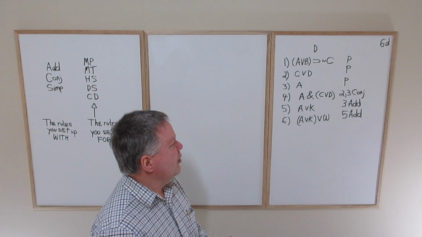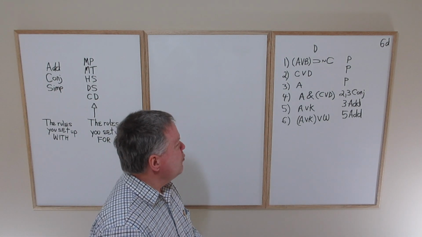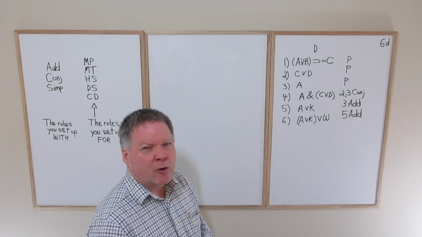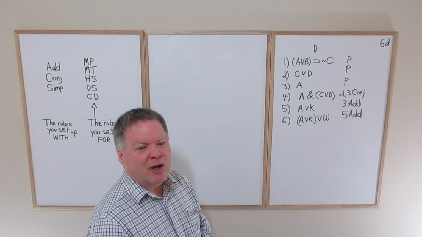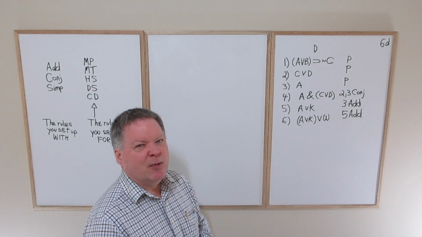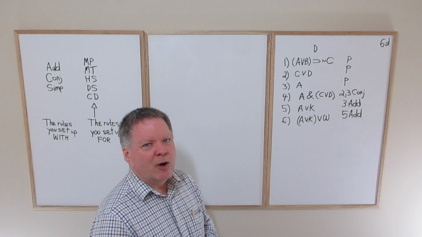That being said, we're now ready to move on to consider question 6D, where all 8 of the basic rules are up for grabs. That is to say, can potentially be used on any line.